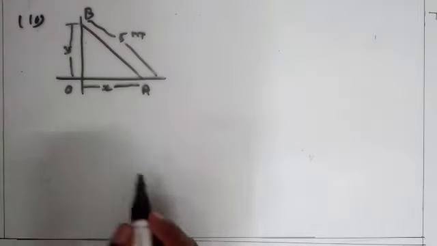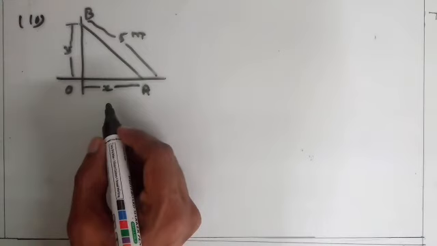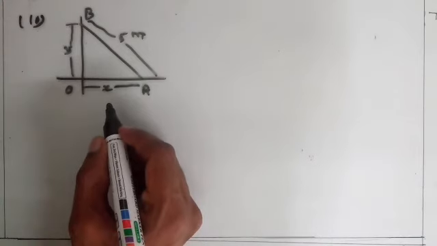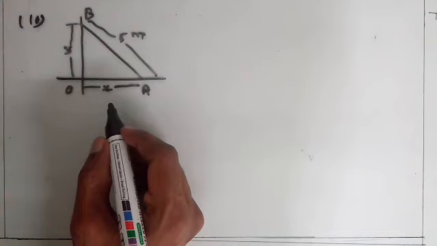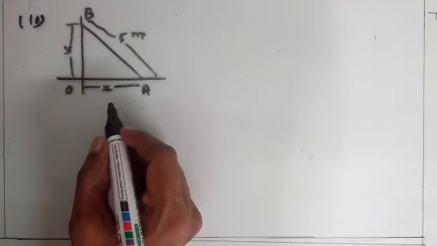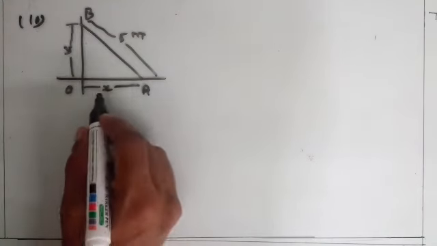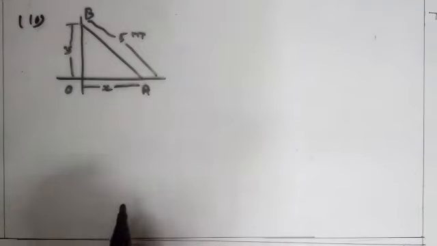Clear? Here it is given that the foot of the ladder is 4 meters away from the wall, so x is equal to 4 meters. Now in this type of question, first we suppose the length of the ladder, length of OA, length of OB.